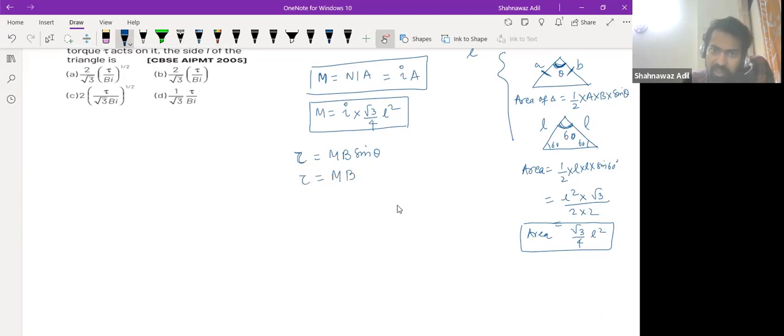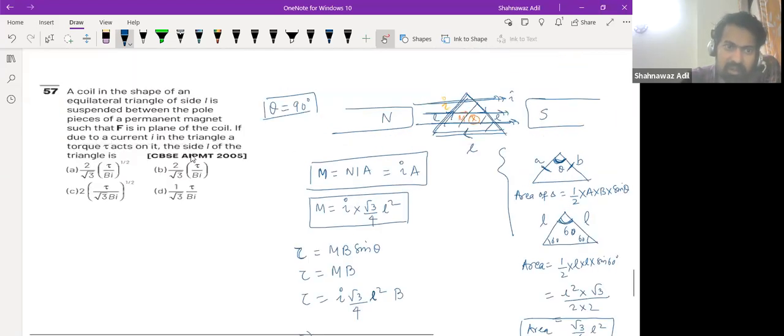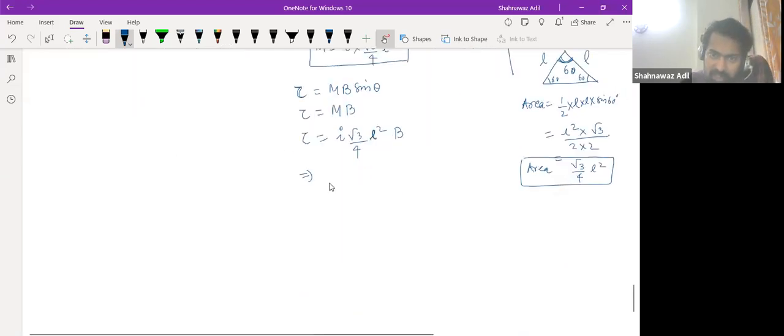So this is the torque, and m is root 3 by 4 I L square, and B is B. We want to calculate the side L of the triangle. So this length square is 4 tau by I root 3 B. So L would be the root of this thing.